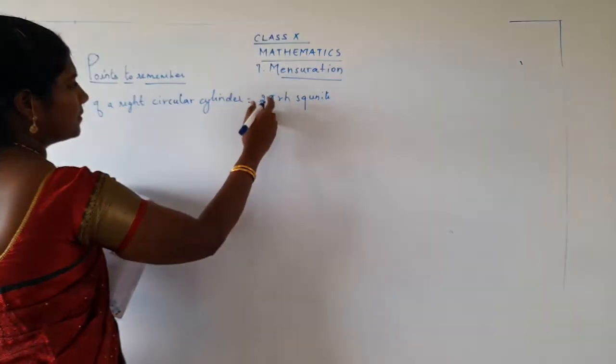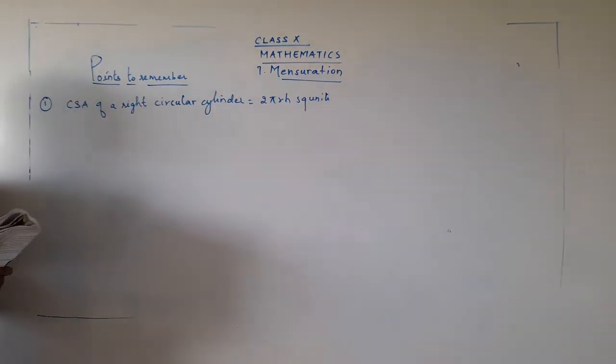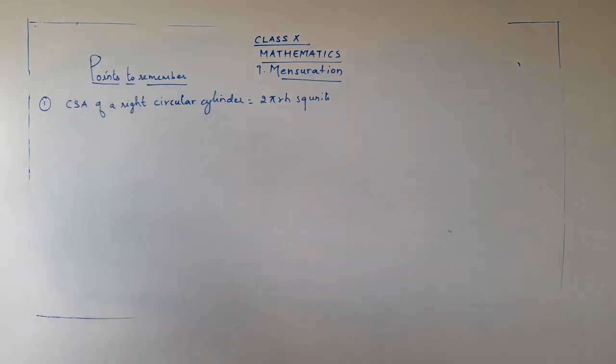This is the first formula. So remember the formulas. You should know all the formulas. If you know the formulas, then only you can use them and get the answers.